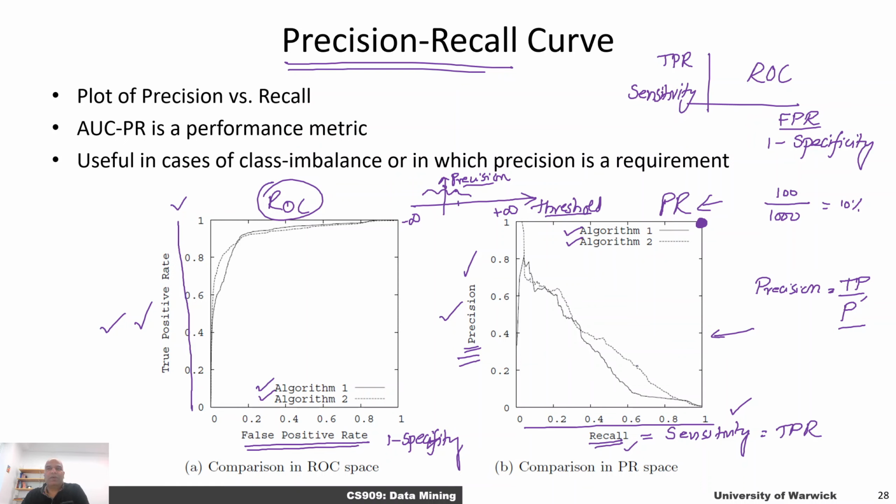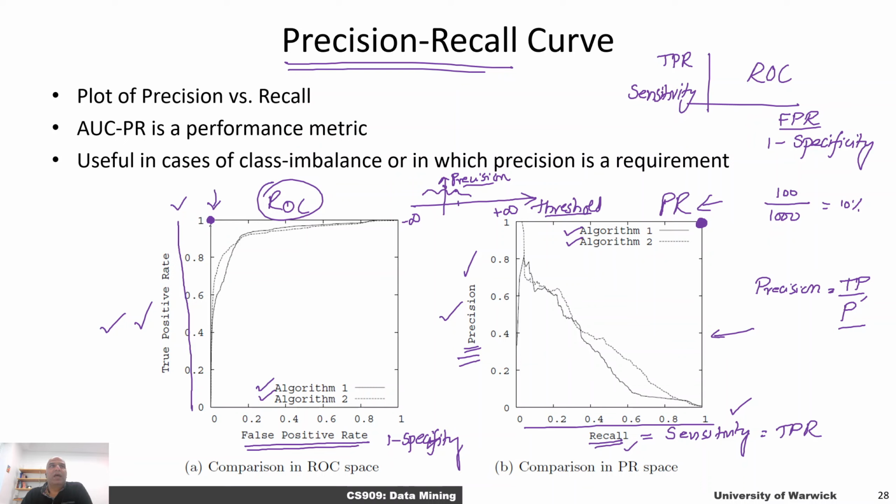We want all of the positive examples to be predicted, and we want only the positive examples to be predicted as positives, nothing else. So the precision is going to be 100%, and the recall or the sensitivity is going to be 100%. Unlike an ROC curve, where we want the false positive rate to be zero and the true positive rate to be 100%.